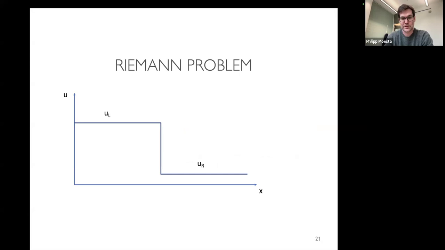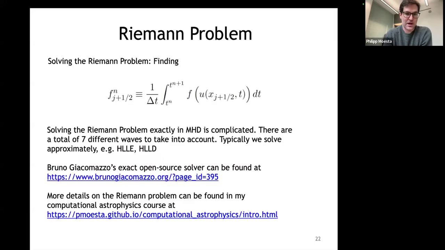The Riemann problem really is solving the equations of fluid dynamics at a discontinuity. You have a value from the left and a value from the right along the x direction of where we've discretized this. This is true between any of these cells that we've just looked at in the previous finite volume representation of this problem. We end up with a solution that we have to consolidate at this interface, and this is what solving the Riemann problem really does.